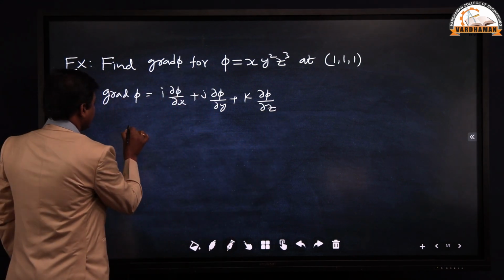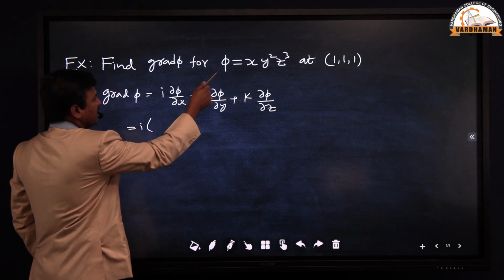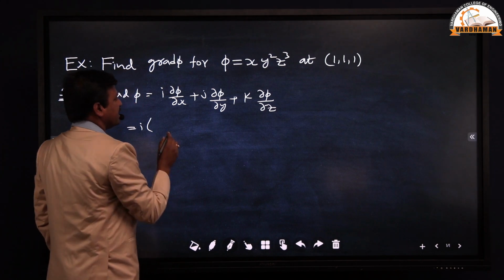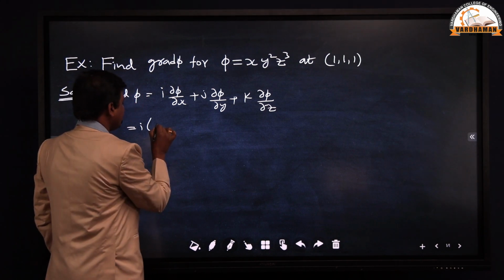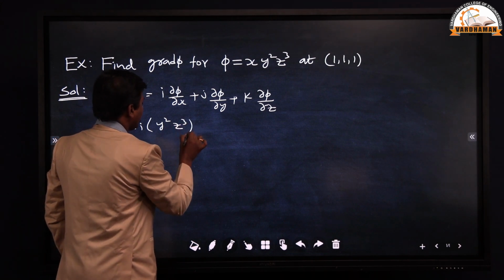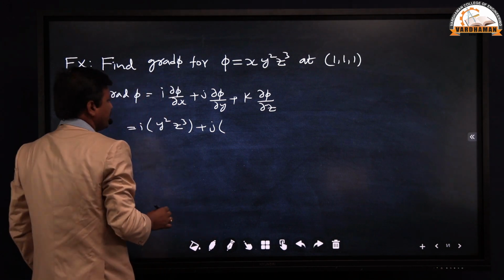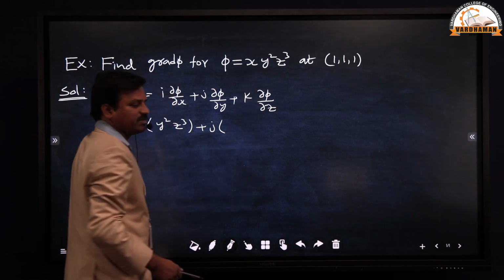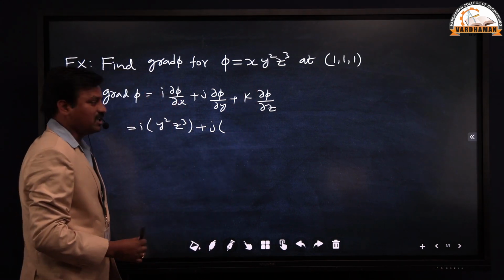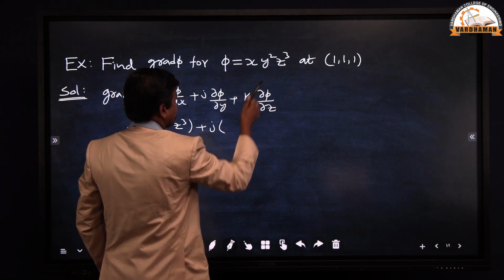So this equals i into differentiate phi with respect to x partially, we get the derivative of x is 1, into y square z cube, plus j into dou phi by dou y. Differentiate phi with respect to y partially. We get the derivative of y square is 2y, into x z cube.